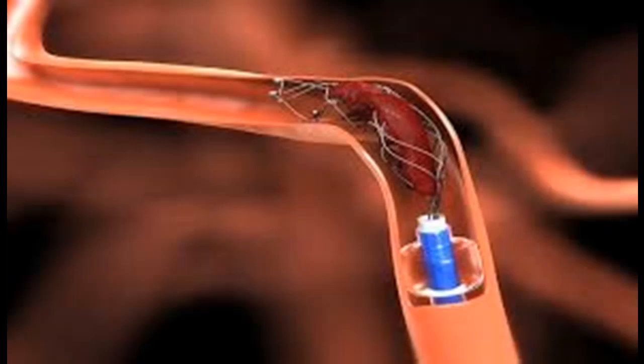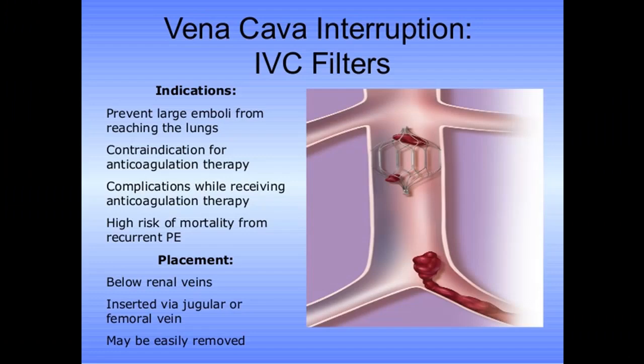These surgery procedures are thrombectomy, or incising the common femoral vein in the groin and extracting the clots. And we also have the vena cava interruption, which is a transvenous placement of a grid or umbrella filter in the vena cava to block the passage of emboli.